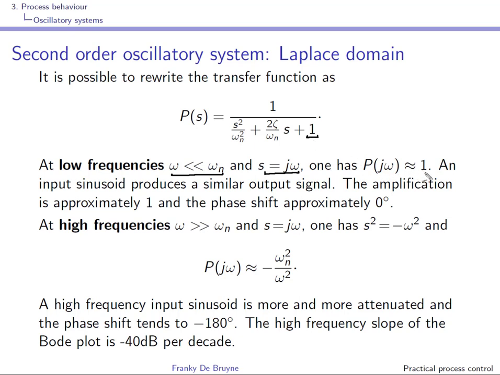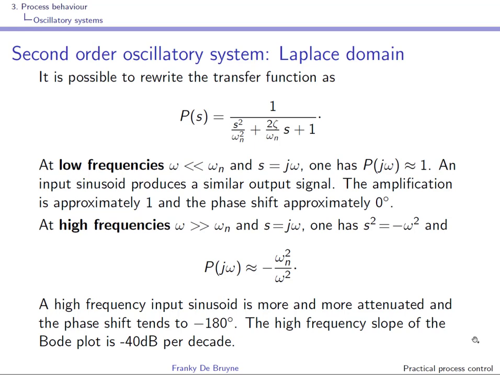So the transfer function evaluated on the j omega axis is more or less 1. This means that an input sinusoid will produce a very similar output signal, so the amplification is approximately 1 and the phase shift approximately 0 degrees.